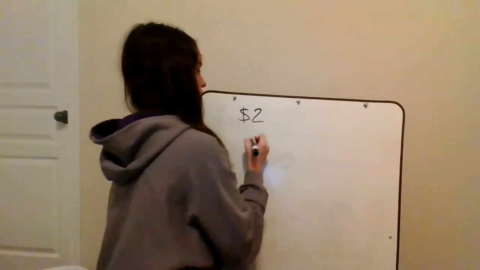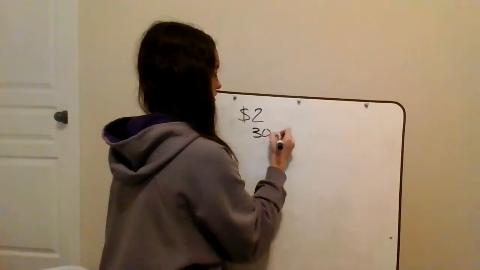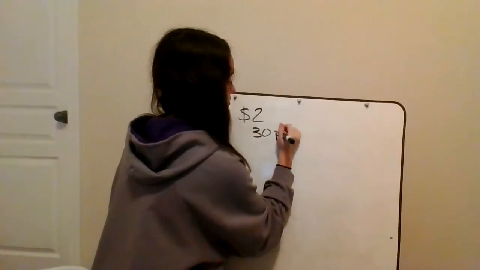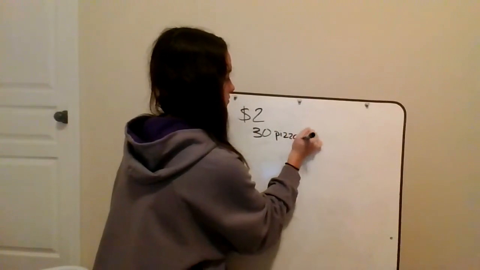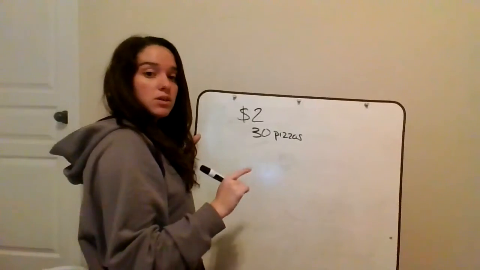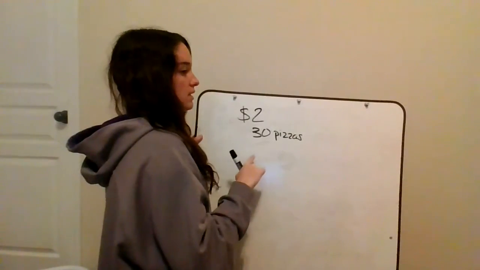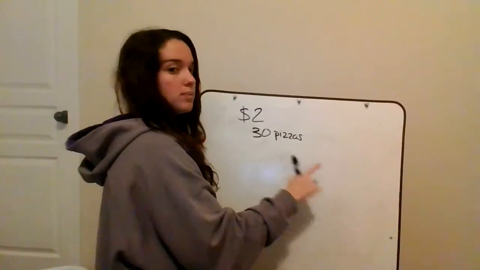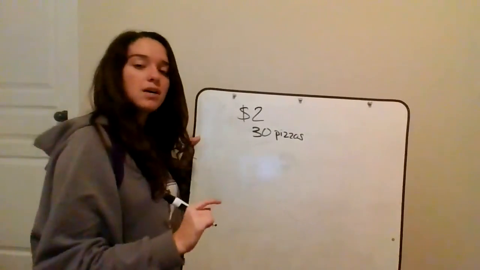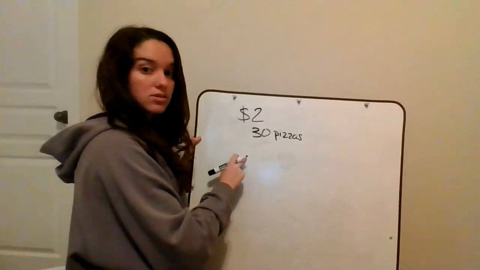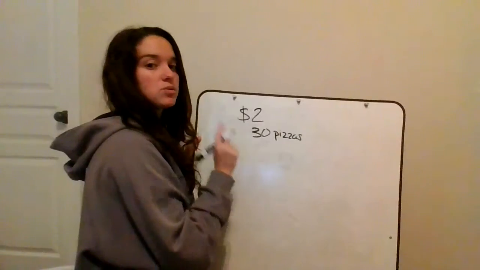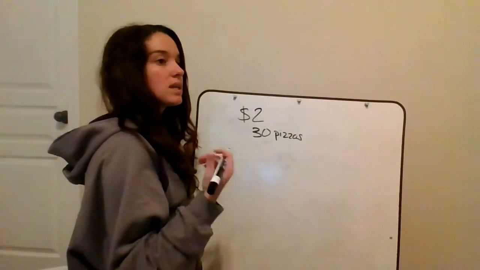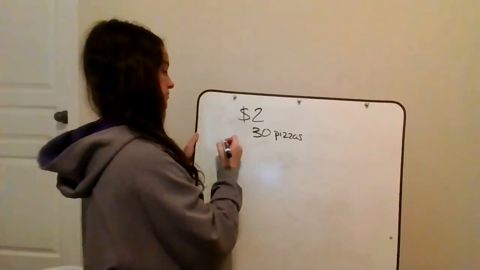So let's talk about $2 for 30 pizzas. Now, I want to know how much 1 pizza costs. How am I going to figure that out? What is the cost per pizza?